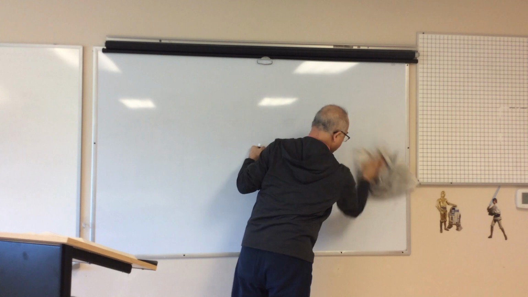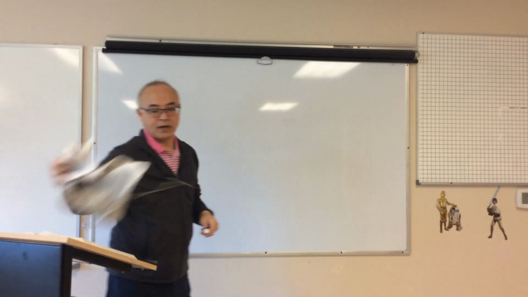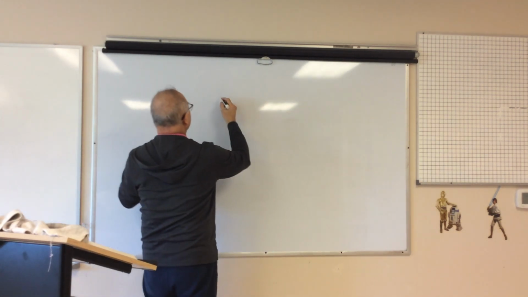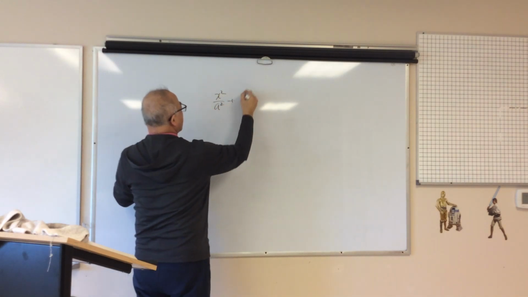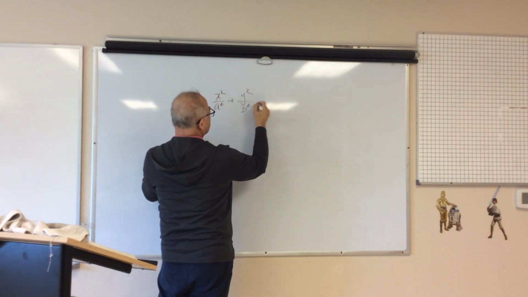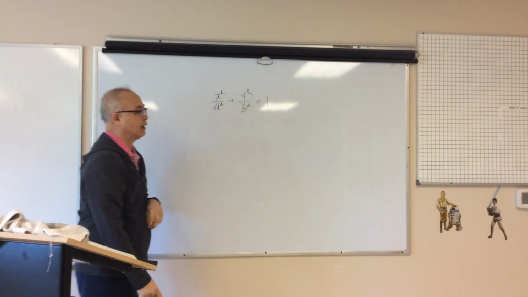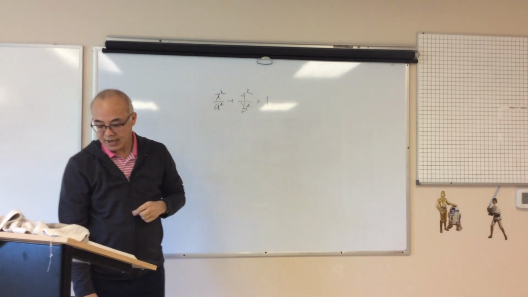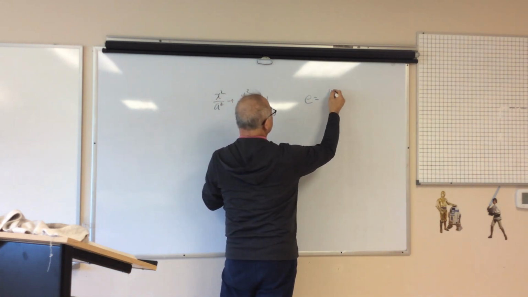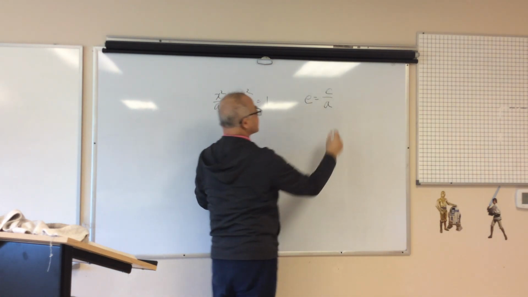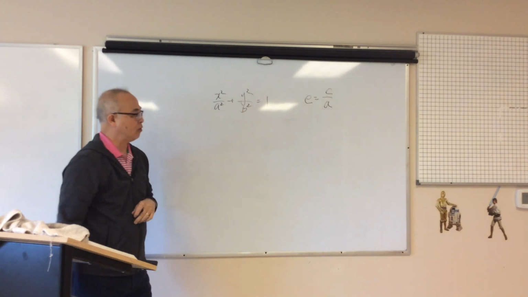If we had x squared over a squared plus y squared over b squared is equal to 1, the eccentricity is measured as c over a.